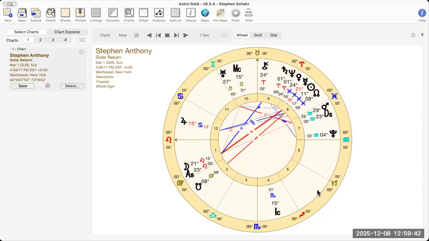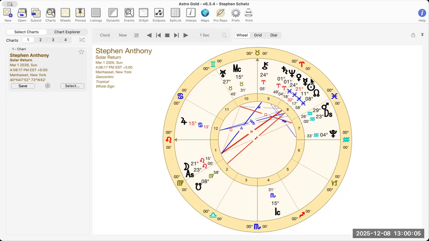And then July, ruled by Jupiter. This is August, Saturn. September, we have Pluto and Mars themes here.